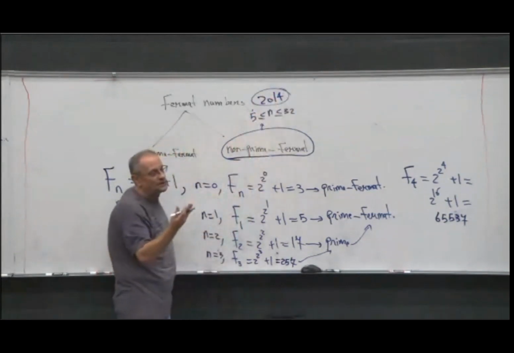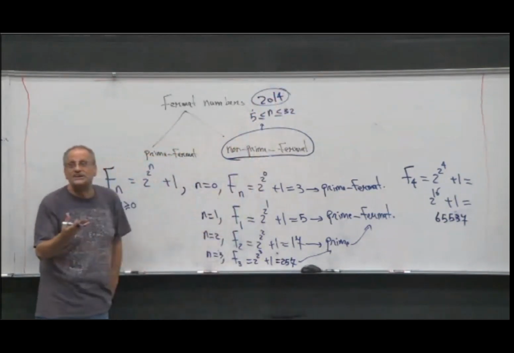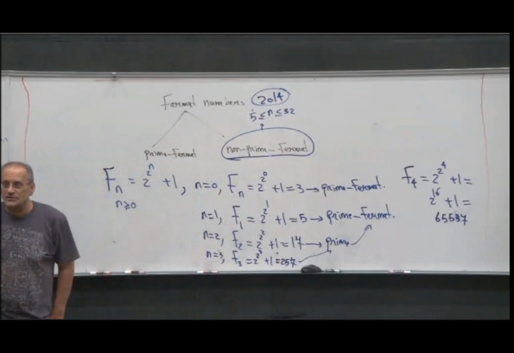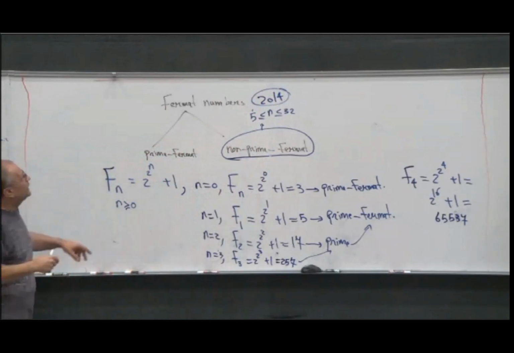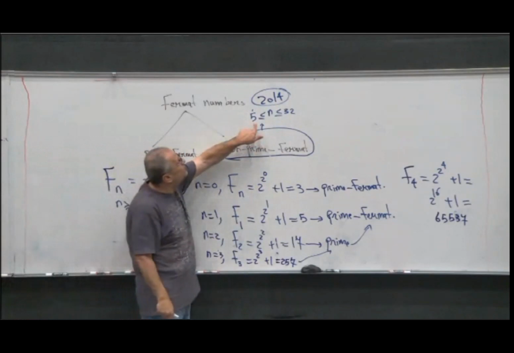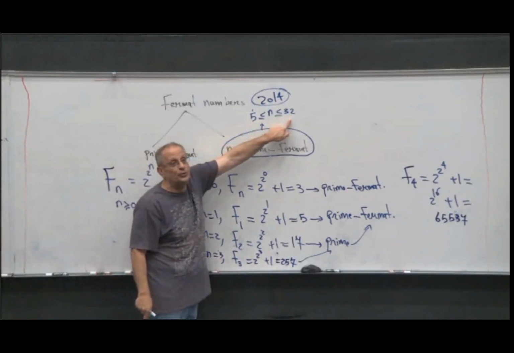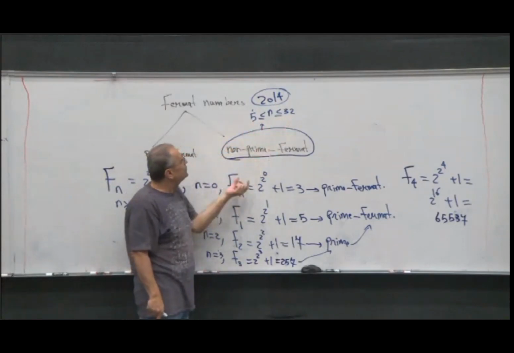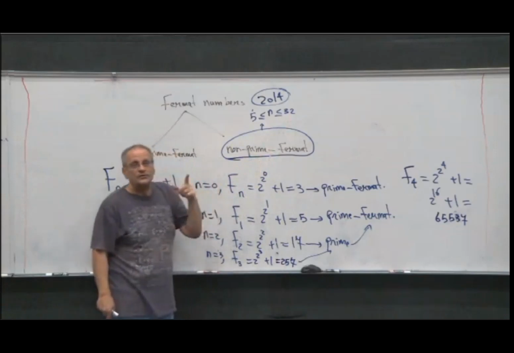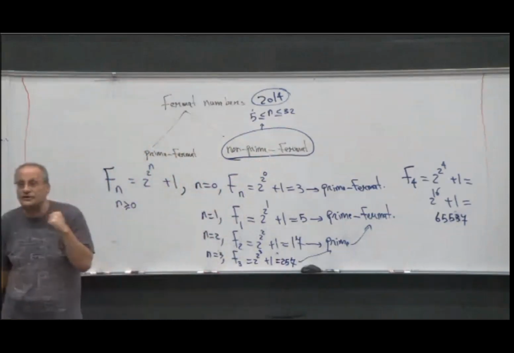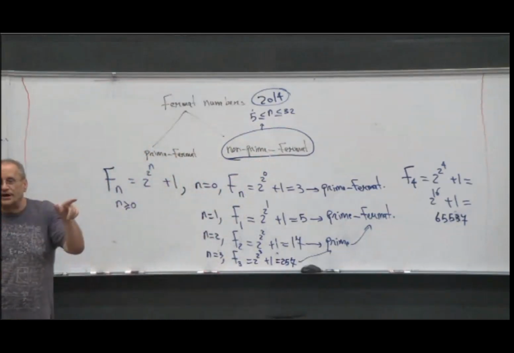Recent. Well, relatively speaking, 10 years ago. Somebody showed that when you let n be between 5 and 32, and you start calculating Fermat numbers, none of them is a prime.